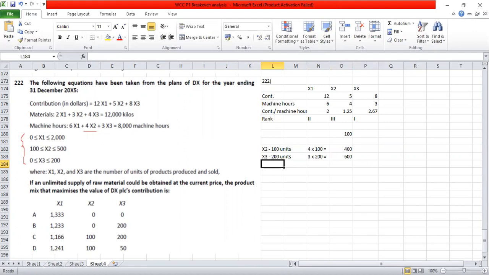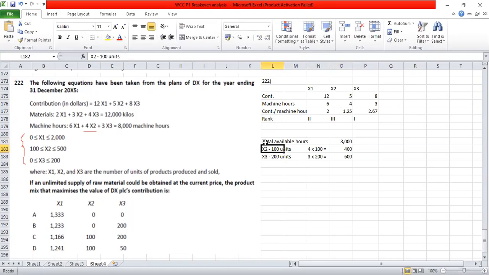Availability is 8000 machine hours. Total number of machine hours available is 8,000.